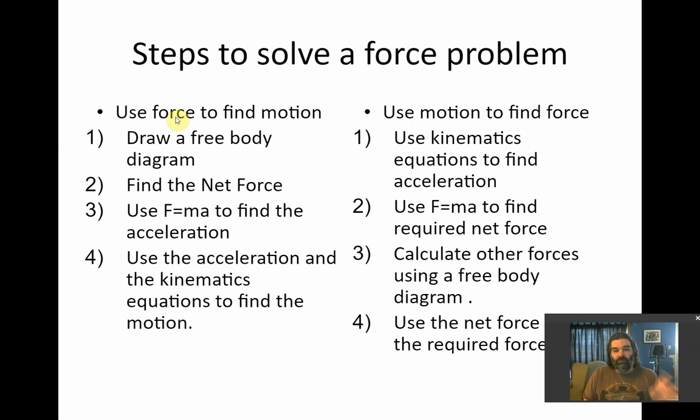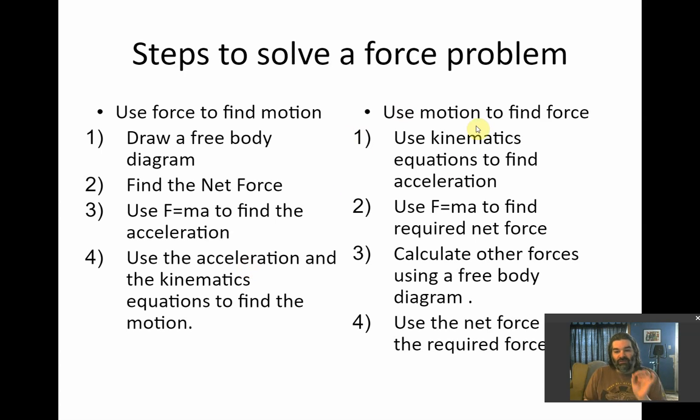If you're using forces to find motion, draw a free body diagram and find the net force. Usually it'll only be a horizontal net force that we're worried about. The vertical one will typically cancel out. Use F equals ma to find the acceleration. Use the acceleration, plug that into the kinematics equations, and find whatever motion I'm asking you for.